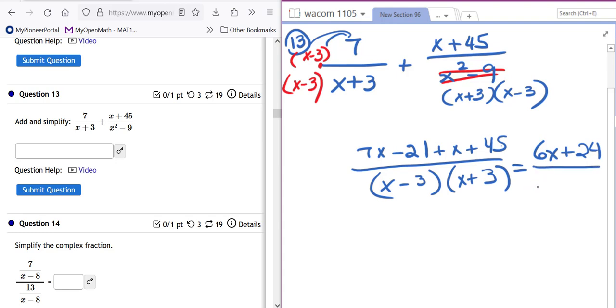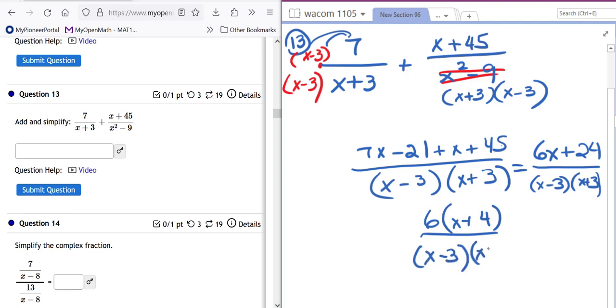That will factor a little bit, but it is 6 times x plus 4. That doesn't match either denominator, so we leave it like it was. Either of these answers should be correct, because you want to go through this thought process to factor and reduce, but that doesn't match, so this answer would have been fine.